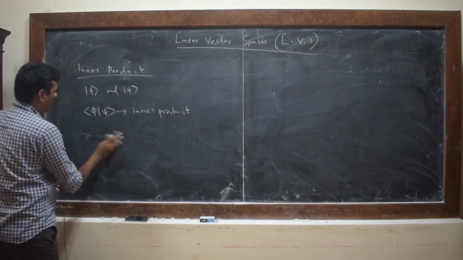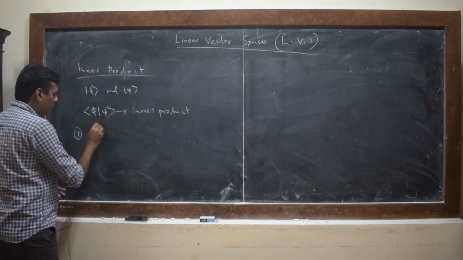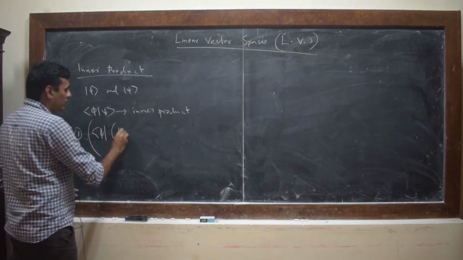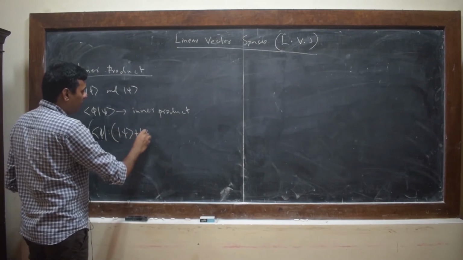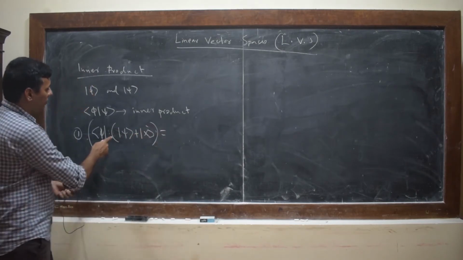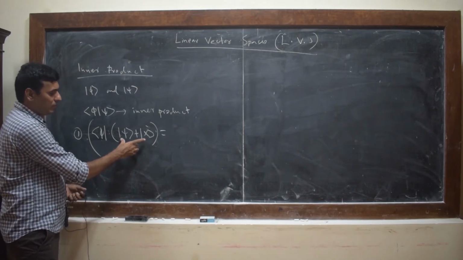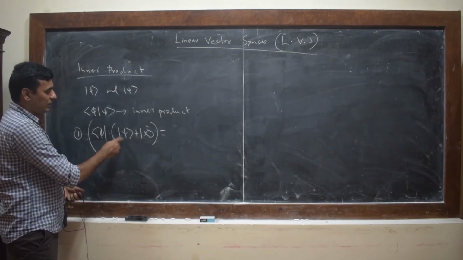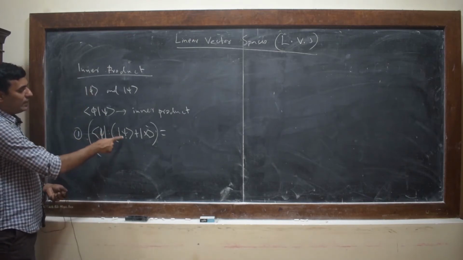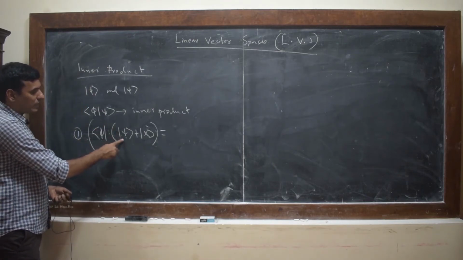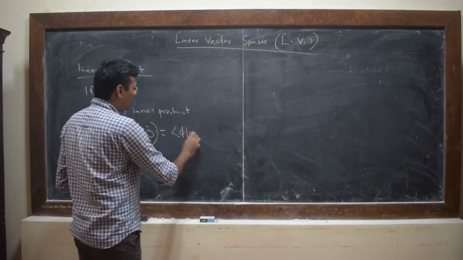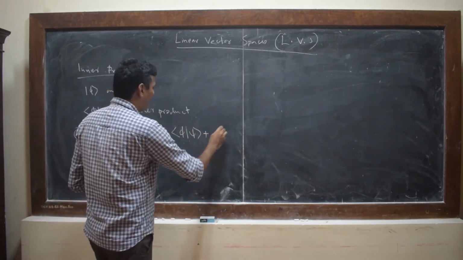The first property is that bra phi with the inner product of psi plus chi is equal to phi psi plus phi chi.